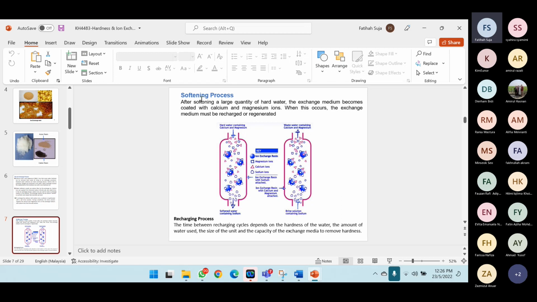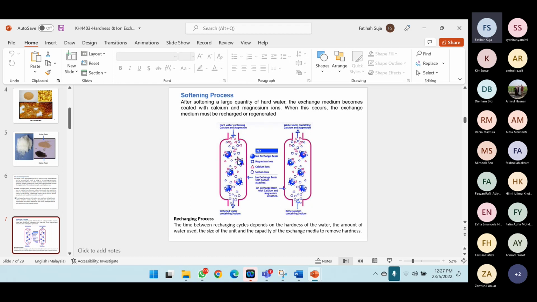Okay, so after softening a large quantity of hard water, the exchange medium becomes coated with calcium and magnesium ions. When this occurs, the exchange medium must be recharged or regenerated.